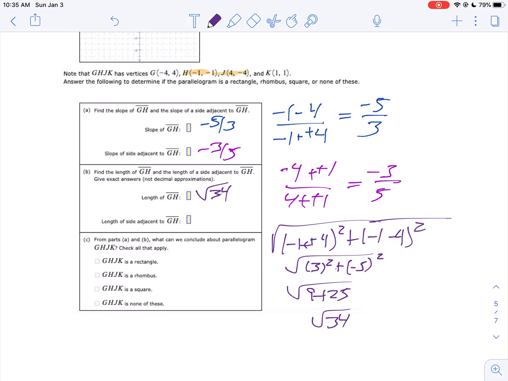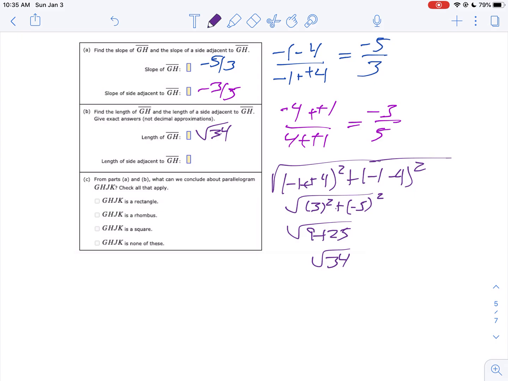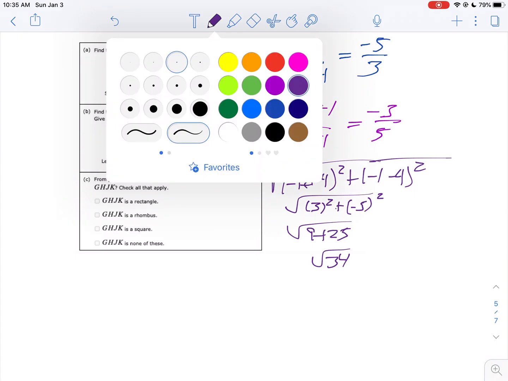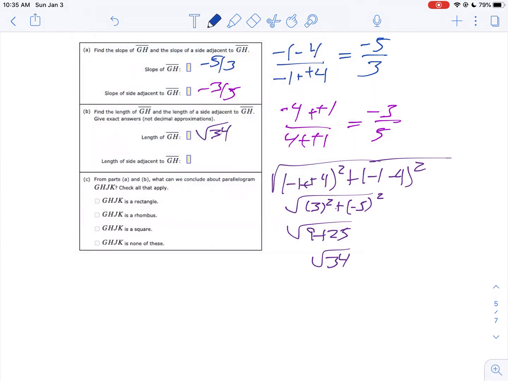And then the slope of adjacent to GH, well, we do the same thing, don't we? We're going to say 4 minus the negative 1 squared plus negative 4 minus the negative 1 squared.